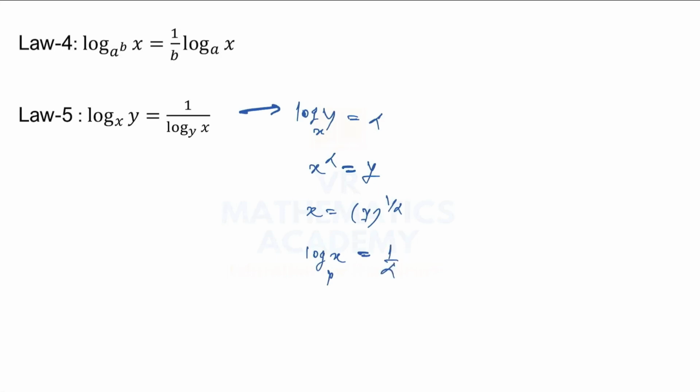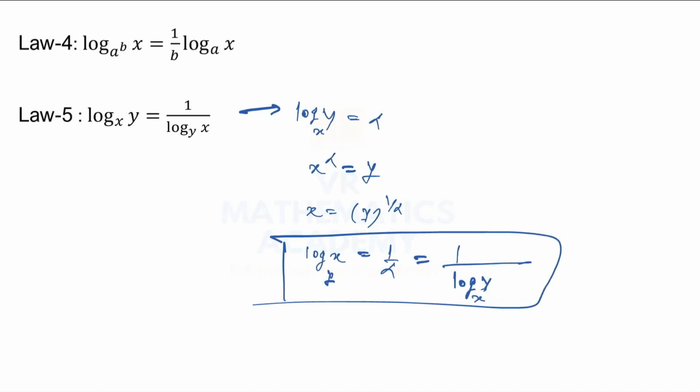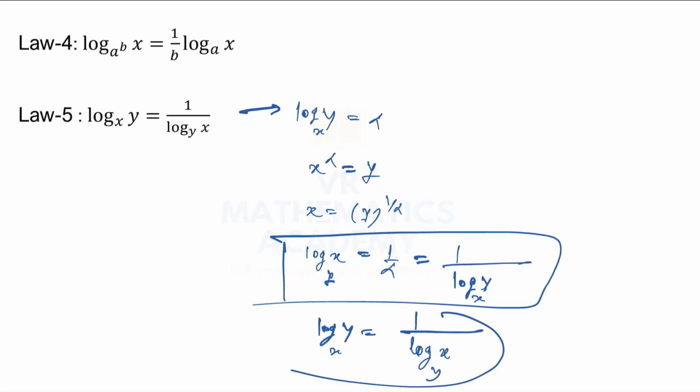When we take logarithm on both sides with base y, it will be equal to 1 over alpha, that is 1 over log y with base x. So we can easily prove that log of y base x will be equal to 1 over log x with base y.